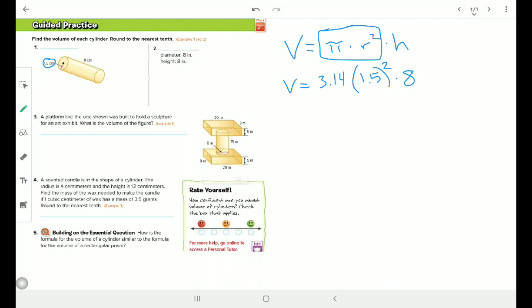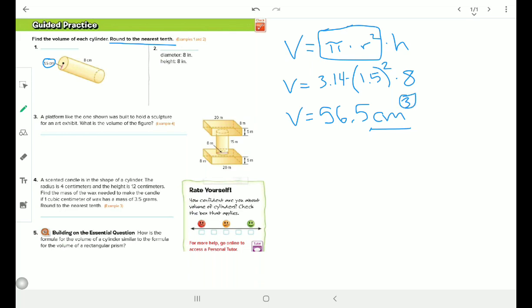And now we can just plug this into a calculator, multiply it all out, and you will get 56.5, right? So that's my volume. Keep in mind it says round to the nearest tenth. And then my unit is centimeters. And since we're dealing with volume, it is cubed. Make sure every single time you have your unit labeled with cubed. All right, and that's how you would do question 1.